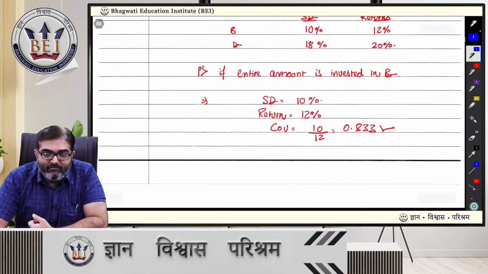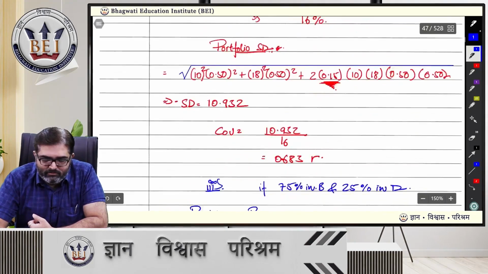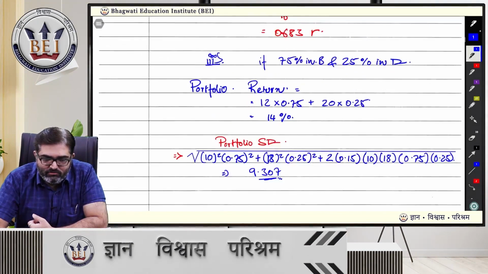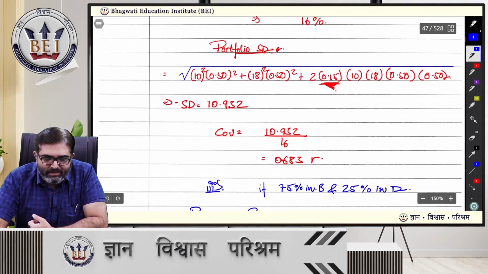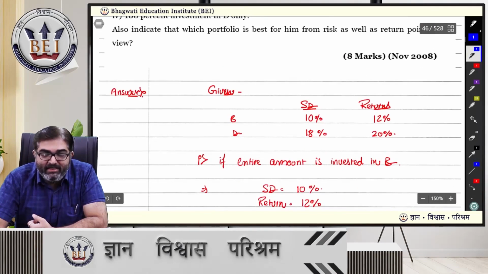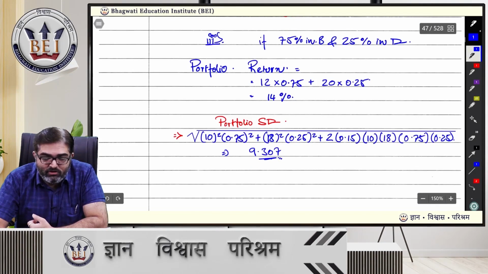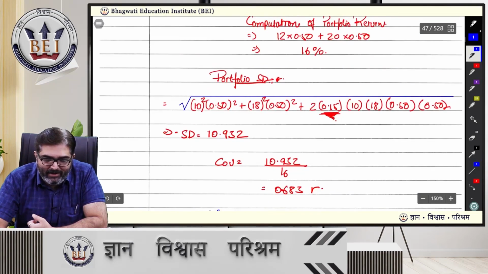But the thing is that if you see a 50-50 combination, the SD is 10.932, right? Because there's more load of D in that one, the one which has higher standard deviation. Over here, the D's load is on the lesser side, right?